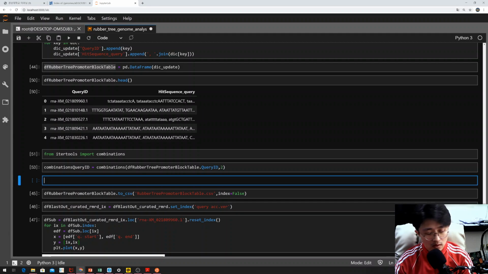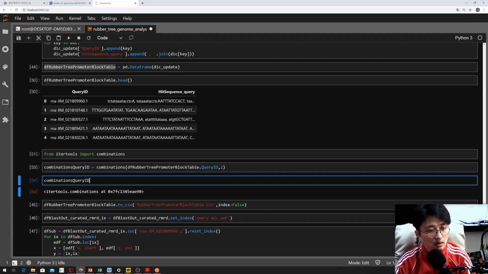Right? So if you just run this variable, then you will see this is itertools.combinations. So this is a class. Maybe this represents the class. This is a class that has a combination.